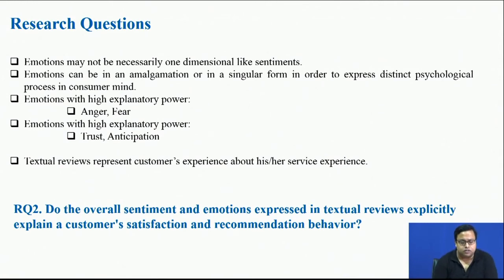There are certain emotions which have high explanatory power, high arousal we call them. For example, anger and fear are high arousal, and there are certain others like trust and anticipation, which are low arousal. When you have anger or fear, the action orientation is much more, you want to do something. On the other hand, trust and anticipation are not so action oriented, they are more internal, you want to stay calm after doing this.